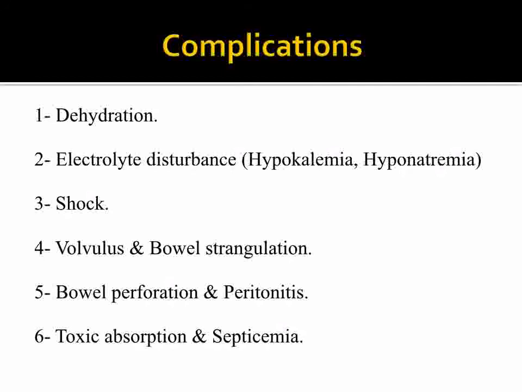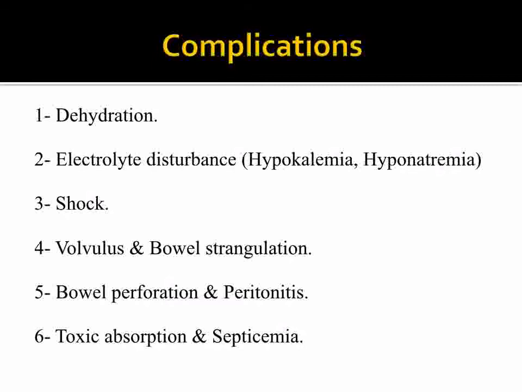Sometimes the clinical picture may be complicated, as we said in the pathophysiology. Progressive accumulation of fluid and gas and prolonged obstruction may result in complications. These complications include dehydration, which results first from the vomiting, either bilious or non-bilious, and second from the transudation of fluid from the intestine into the peritoneal cavity.